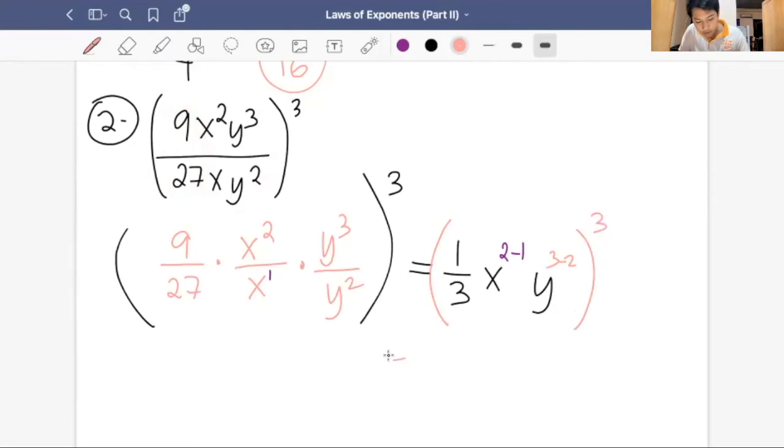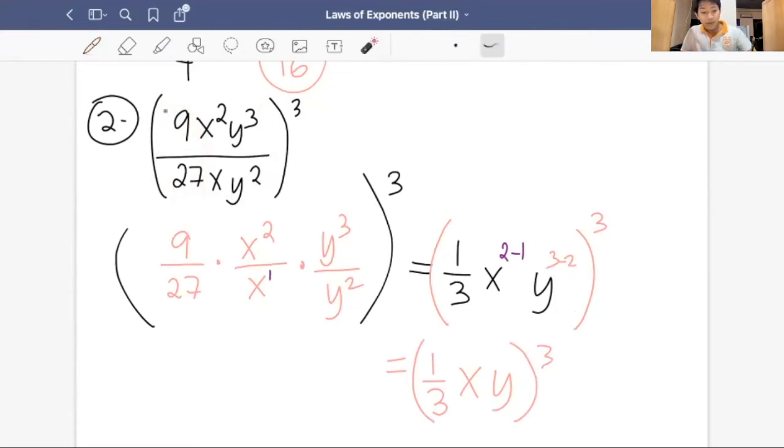So that is equal to 1/3 x raised to 2 minus 1, that is x raised to 1, or x, and y raised to 3 minus 2, 1. So that is just the quantity of 1/3 xy raised to 3.